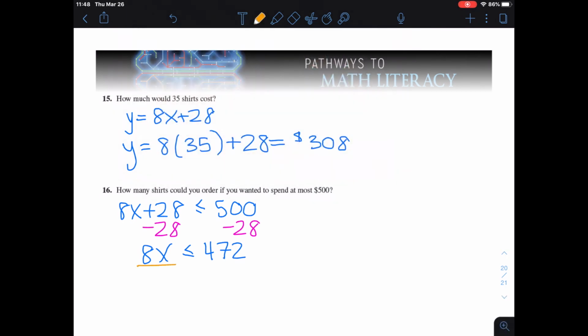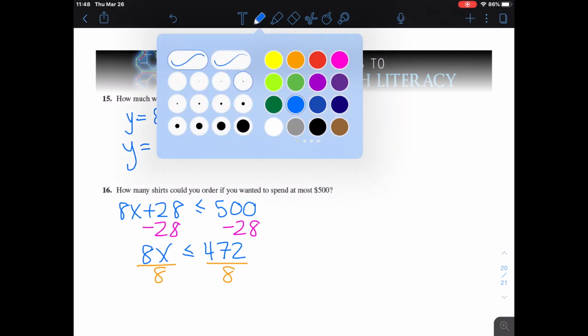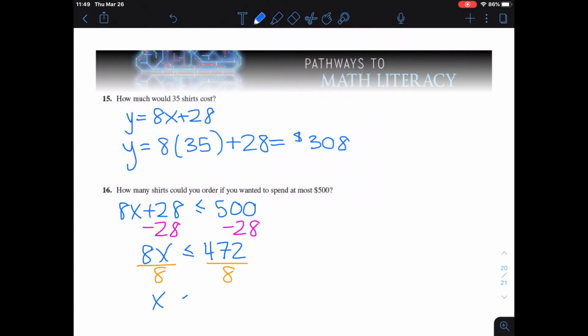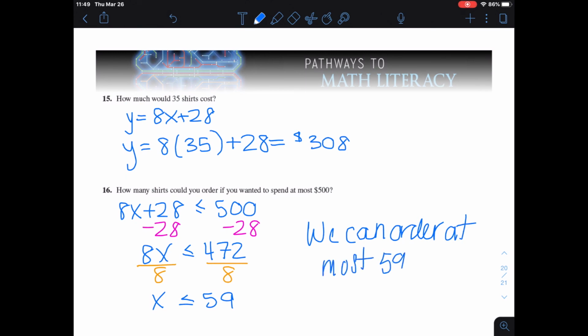And then go ahead and divide by 8. And that gives us x is less than or equal to 59. So if we want to spend at most $500, we can order at most 59 shirts.